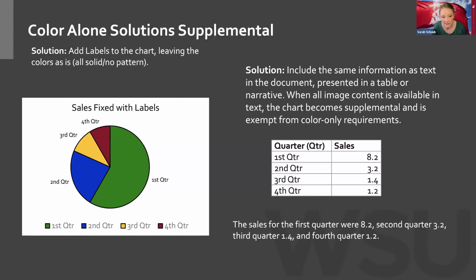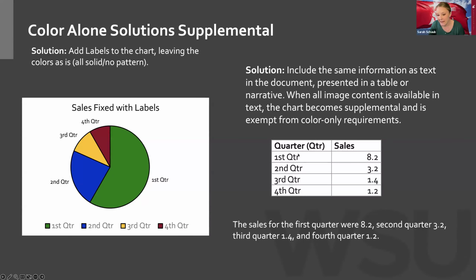A solution to make that accessible would be to either include a table that has the same data, or create a narrative in the text that accurately explains the data within that chart. So include the same information, and then the actual pie chart becomes supplemental and isn't necessarily required to be accessible on its own.